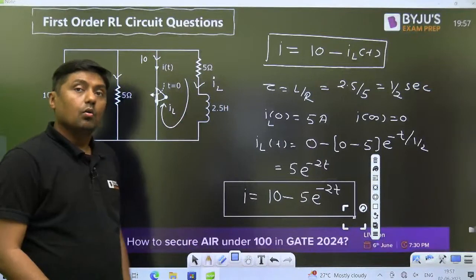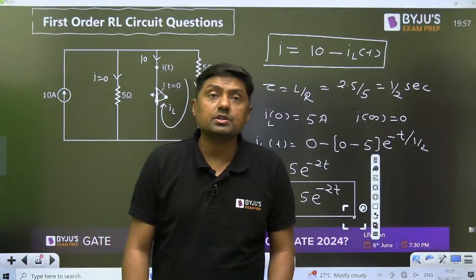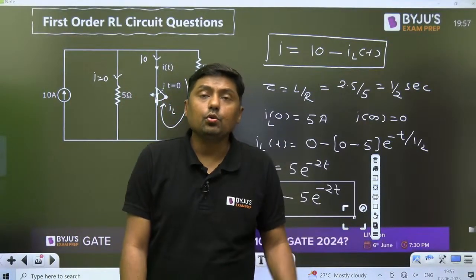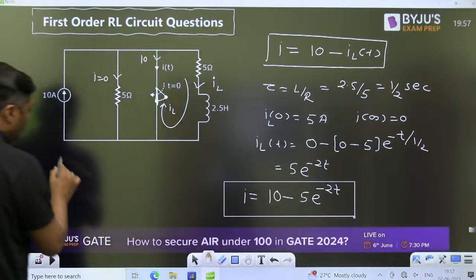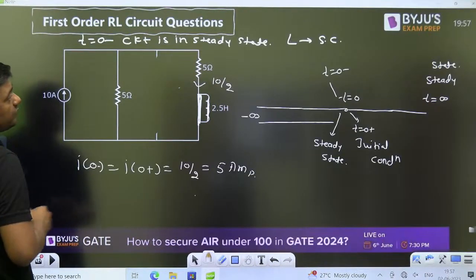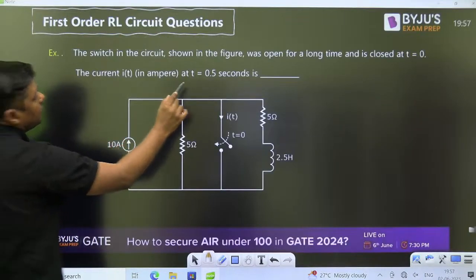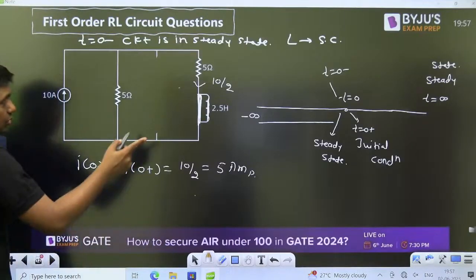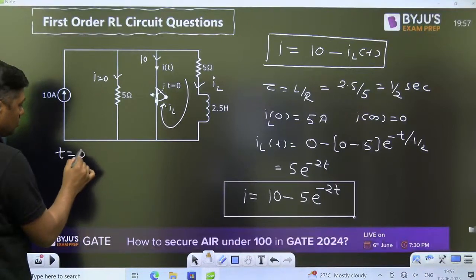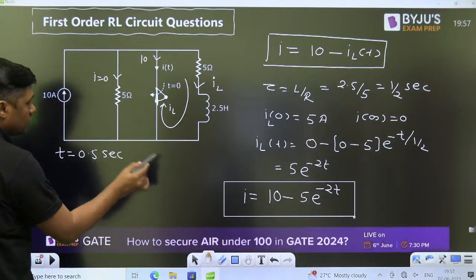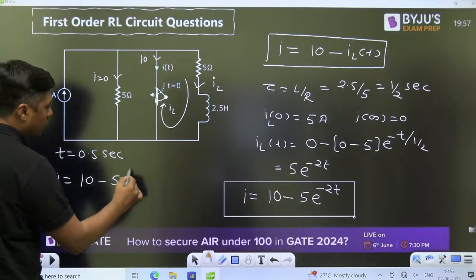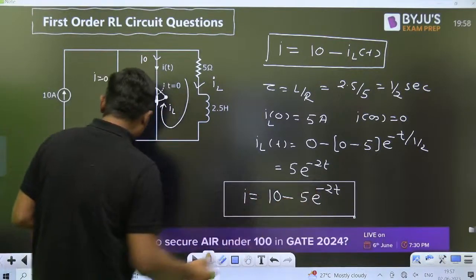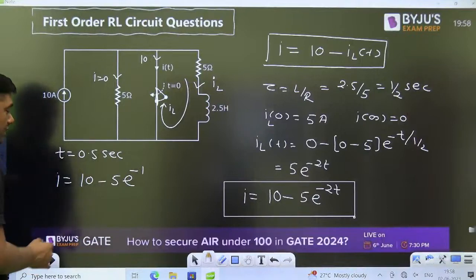Once you have the equation, then you can find the value at t equal to what? 0.5 second. You have the equation, put t equal to 0.5 second. I is equal to 10 minus 5 e raised to power minus 1, because 2 into 0.5 will become 1.